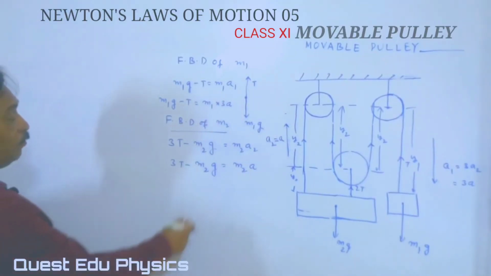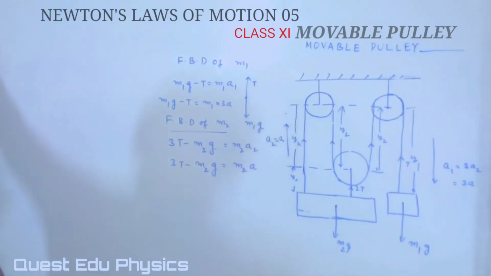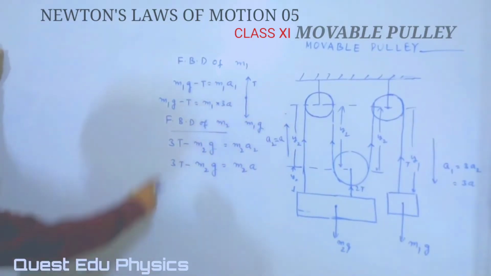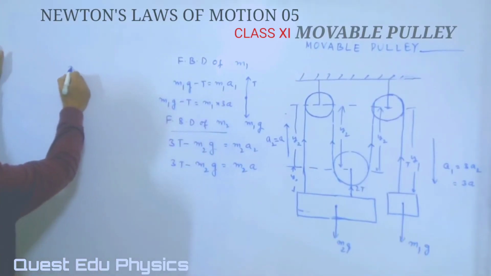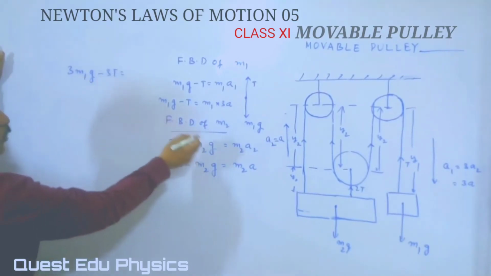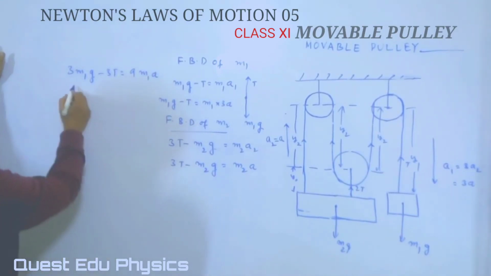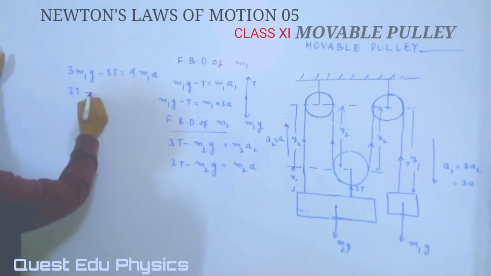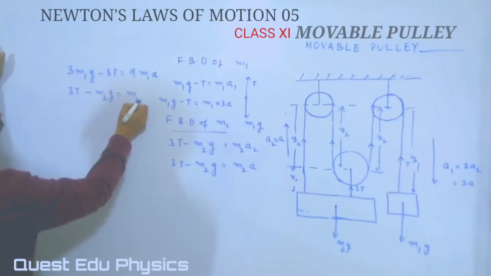Okay students, let's eliminate one of the factors, and we will get the tension as well as the acceleration. I'm multiplying this equation by 3. I get 3m1g minus 3t is equal to 9m1a. Similarly, it is 3t minus m2g is equal to m2a.